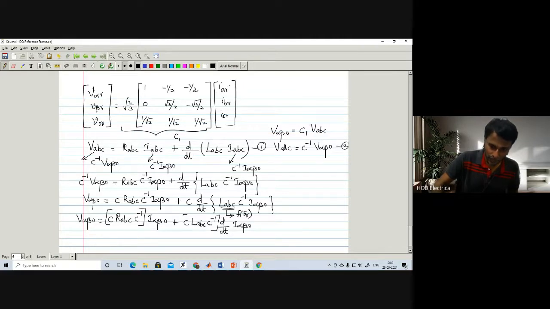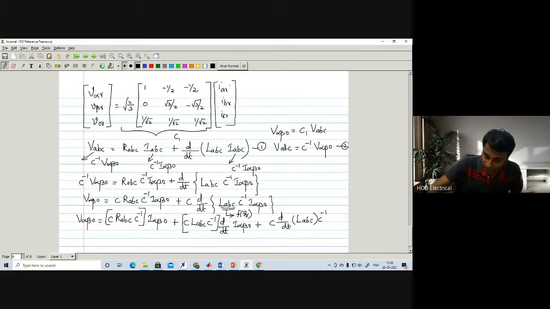This is the one matrix, plus then, since this inductance varies, with C inverse being a constant matrix, we can write C into d by dt of LABC into C inverse.